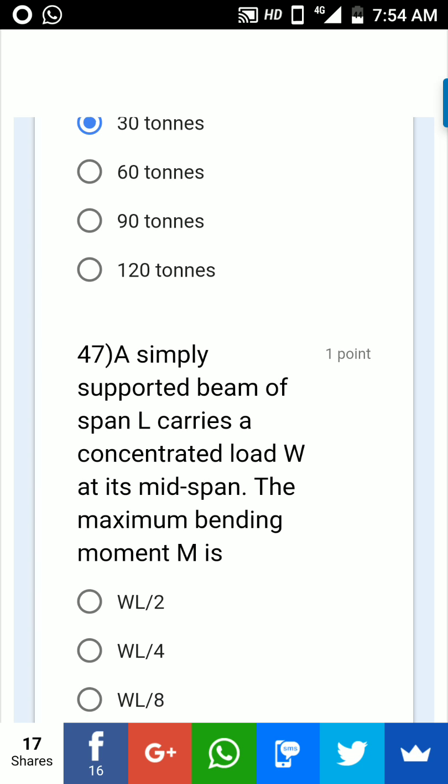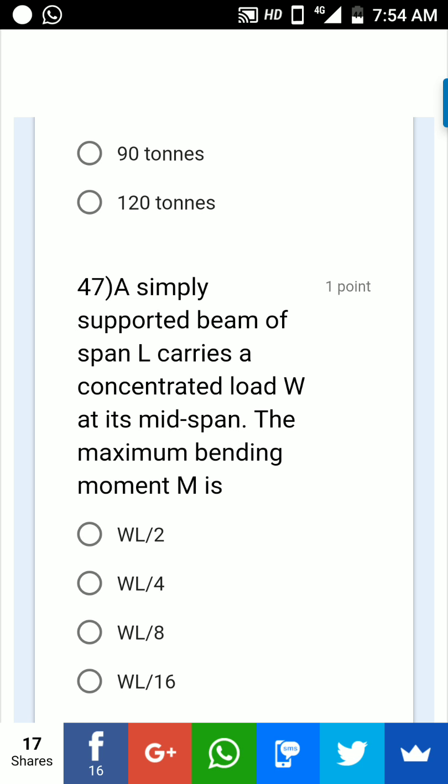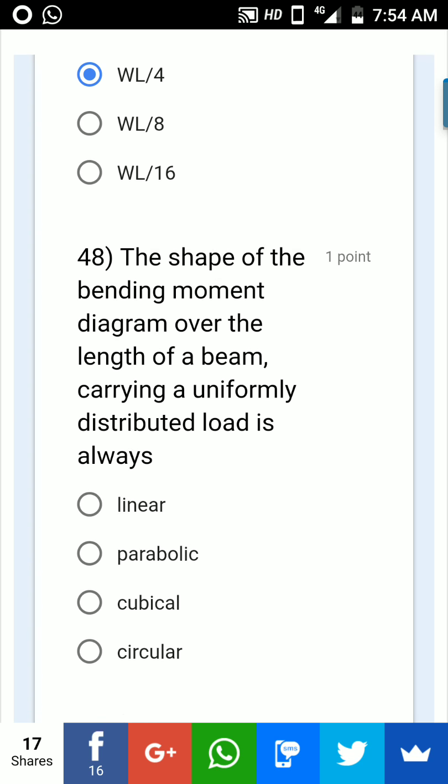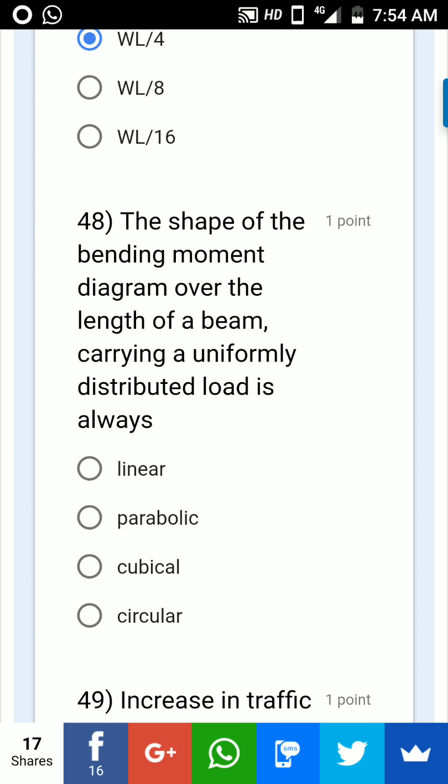A simply supported beam of span L carries a concentrated load W at its mid span. The maximum bending moment M will be WL/4. The shape of the bending moment diagram over the length of a beam carrying a uniformly distributed load is always parabolic.